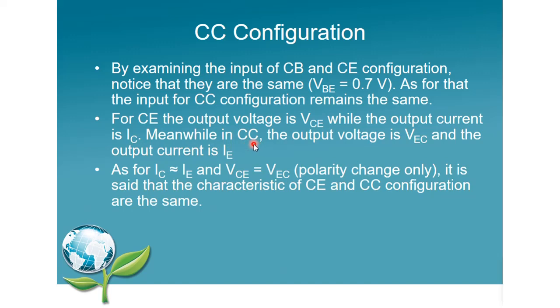Meanwhile, in common collector, the output voltage is VEC and the output current is IE. As for IC equal to IE and VCE equal to VEC, only the polarity is changed. So it is said that the characteristics of CE and CC configuration are the same.